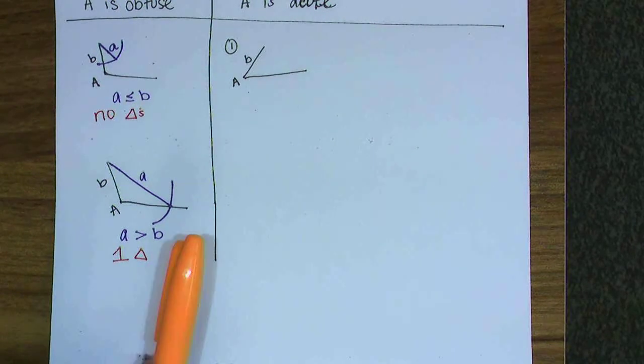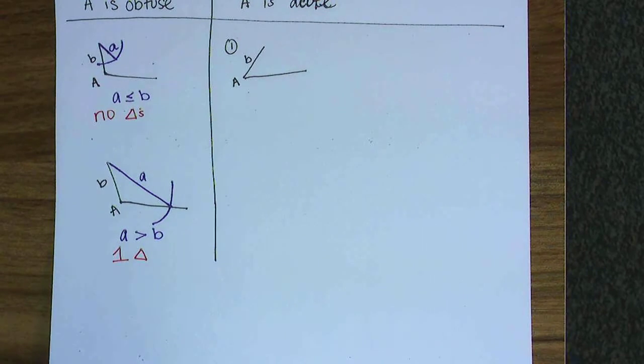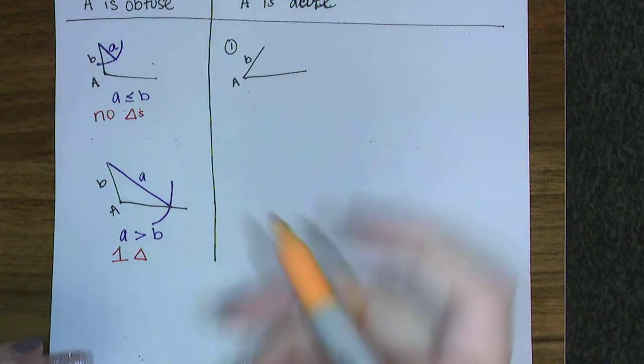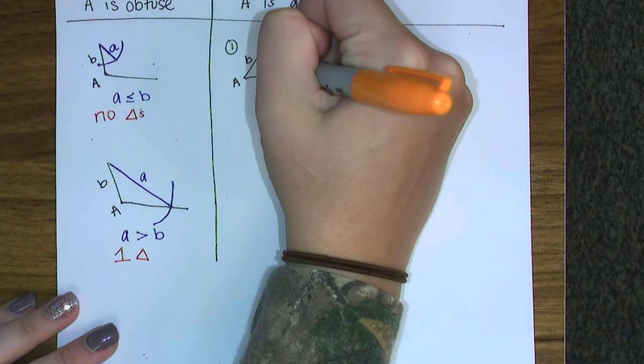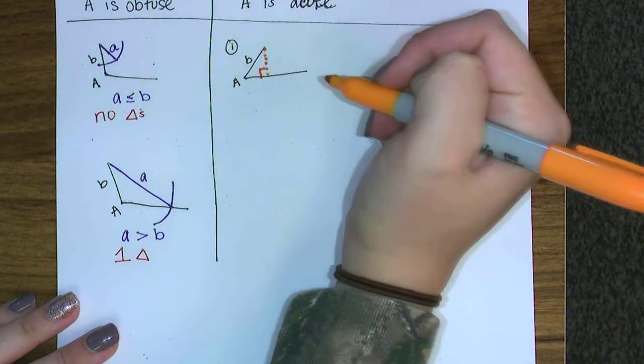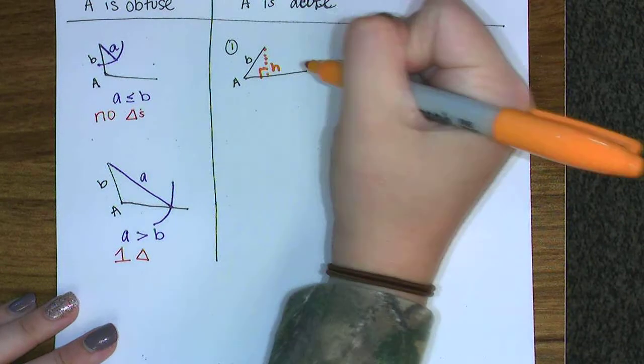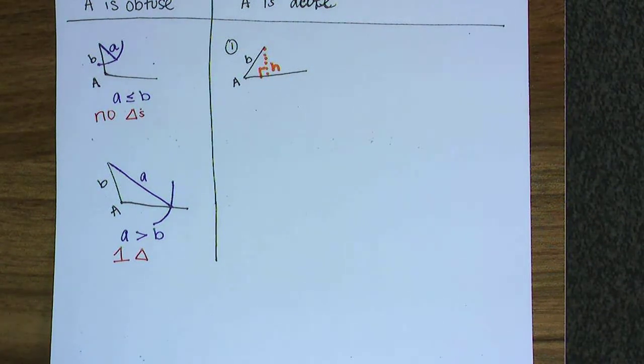H here is just this imaginary drop down that makes a 90-degree angle right here. And the h is that value that we found on the last page. The h is equal to b sine of a.